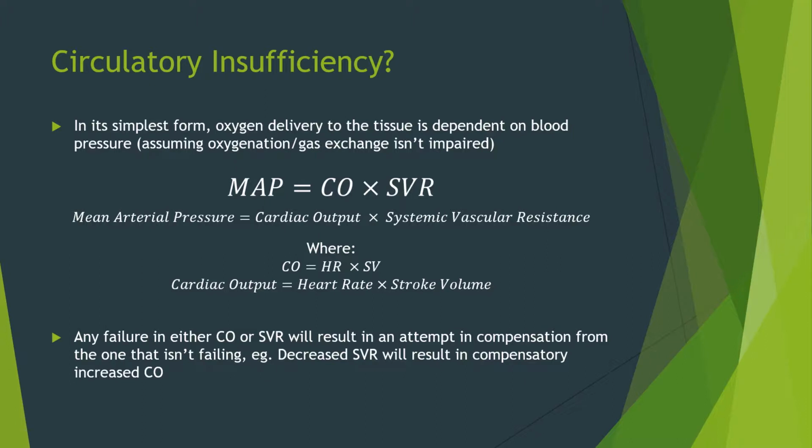So as we know, any failure in either cardiac output or systemic vascular resistance will result in compensation from the one that isn't failing. So if we have a decrease in systemic vascular resistance, it will result in a compensatory increase in cardiac output. And likewise, the cardiac output formula itself will try and do the same thing. Where if there's a loss in stroke volume, you'll increase heart rate to try and compensate.